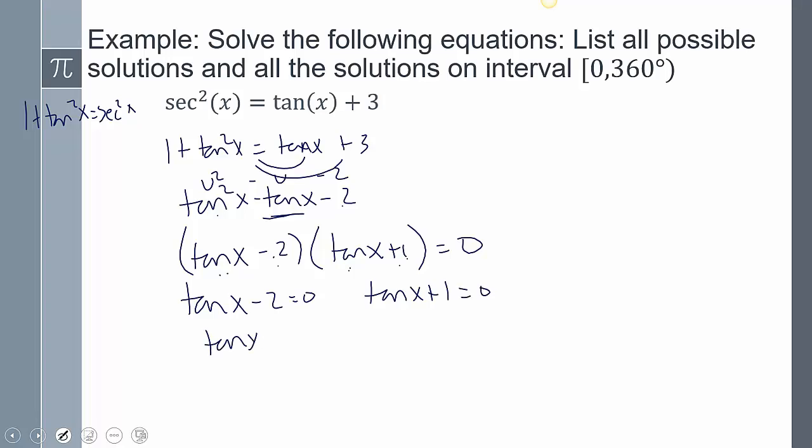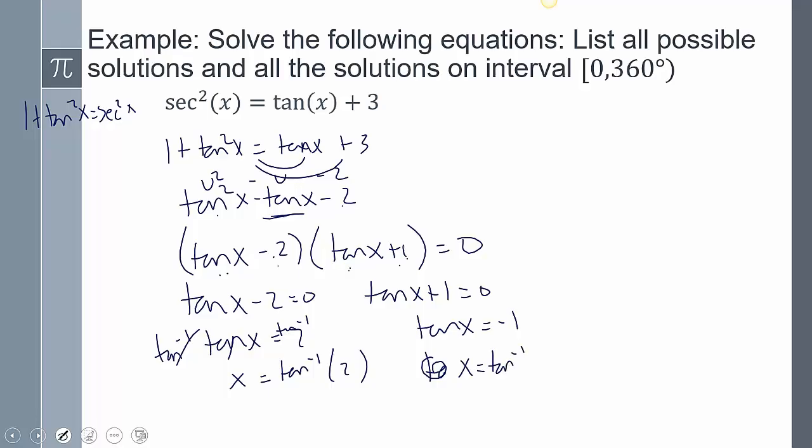Add 2, tangent inverse, minus 1, tangent inverse. So for here, what two quadrants give you a positive tangent?